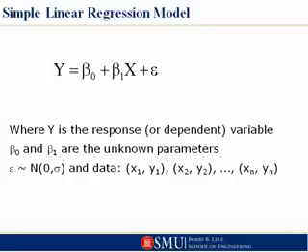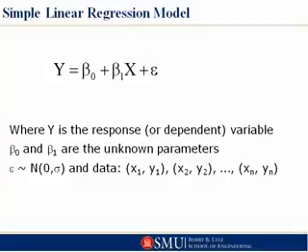Simplifying this, a simple linear regression model, looking at just what we had with the tread tire example previously, dependent variable y, there is some beta naught and a beta 1 coefficient for each value of x and an epsilon.